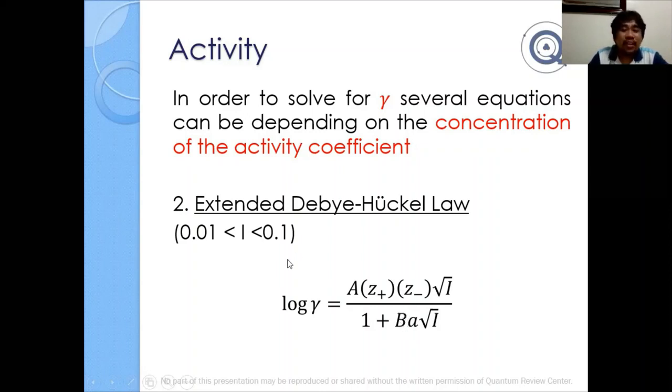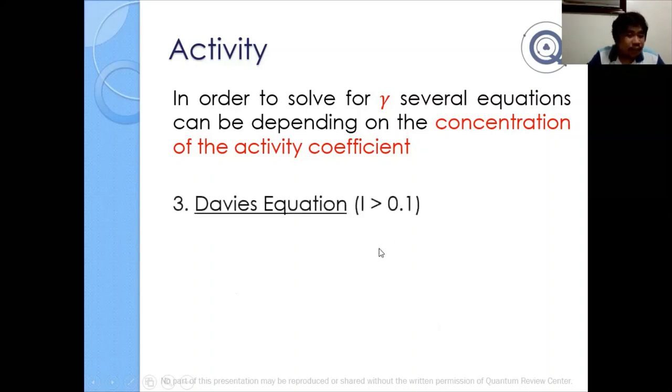And kung malapit naman yung I nyo sa 0.01, again, what I have said earlier, you can use the DHLL, yung mas simpleng formula. Pag na lang walang lumabas sa choices, saka na lang kayo mag-panic na extended Debye-Hückel na pala yung gagamitin.